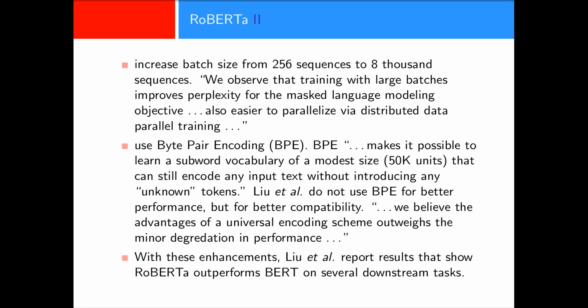They increase the batch size, and they use byte pair encoding. The byte pair encoding is not done for any performance reasons; the authors use it because it's more compatible with text data that's out there in the world. Of course, the creators of Roberta report that they get better performance with their configuration than with the original BERT setup.